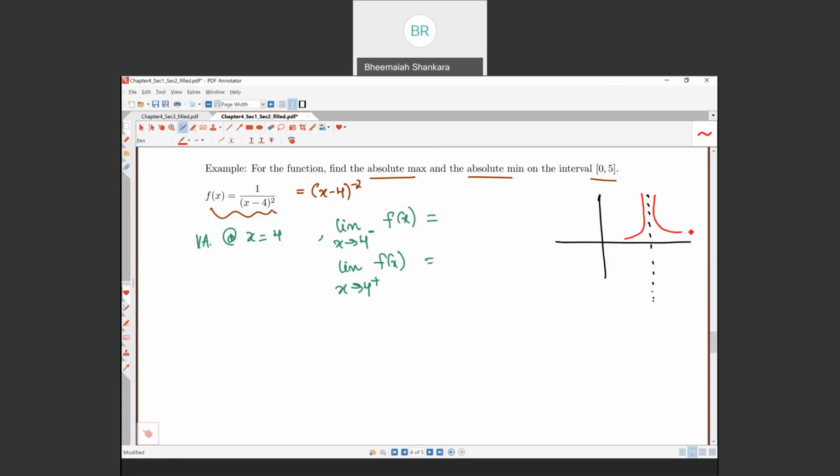So I can write when x is approaching 4 from the left, in this direction, 4 minus, the function goes to infinity. Similarly, when x is approaching 4 from the right, 4 plus, the function goes to infinity. So you are not going to see a maximum in this graph. So for sure you can write there is no absolute maximum.